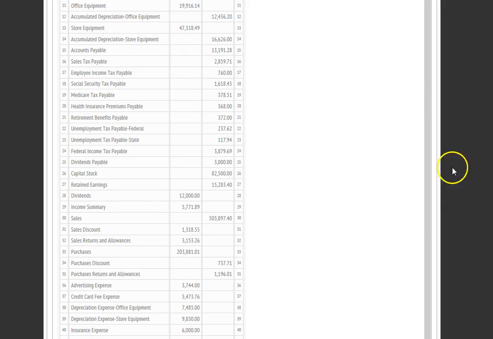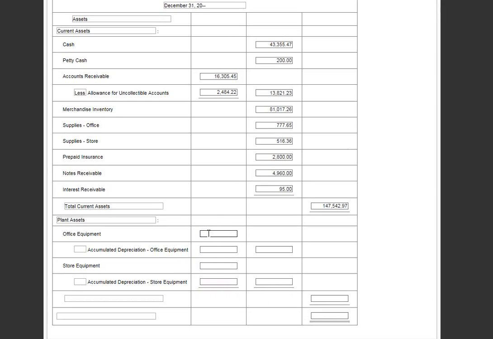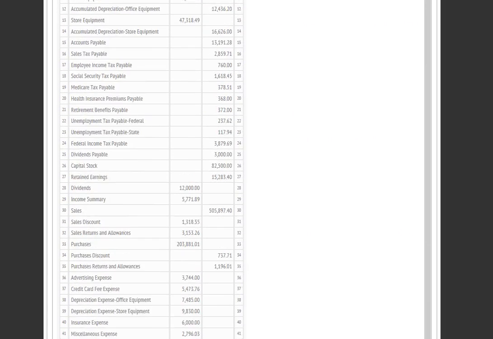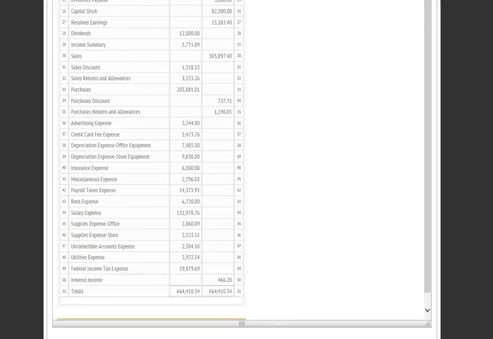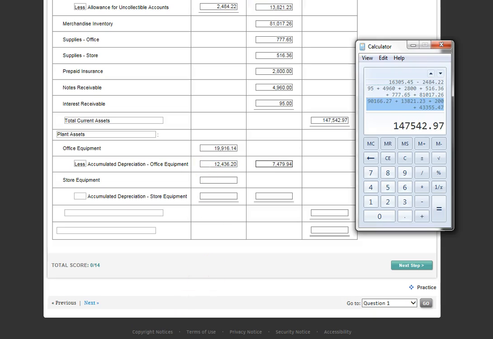So we're just going to travel up and down a little bit. Okay, less accumulated depreciation, 12,436. Subtract those. Let me double check the math.